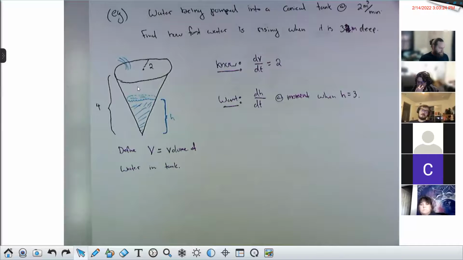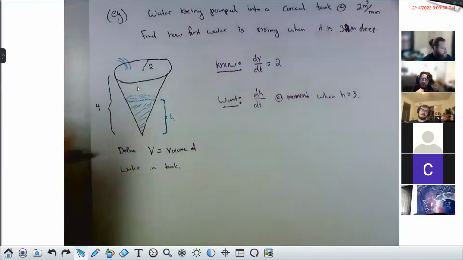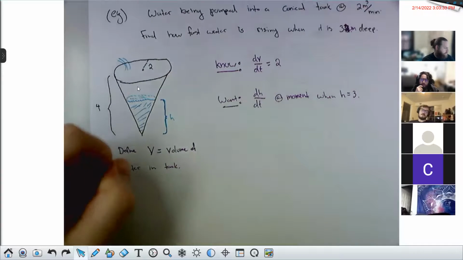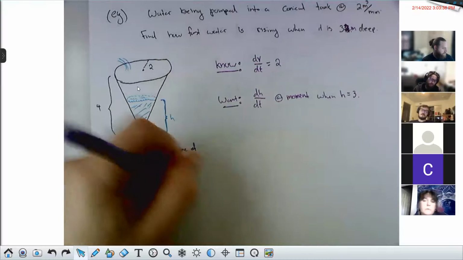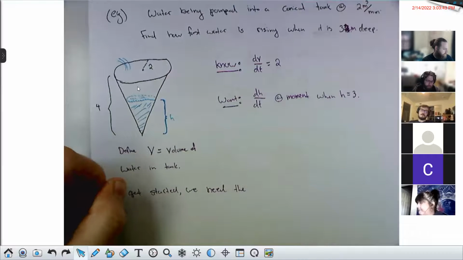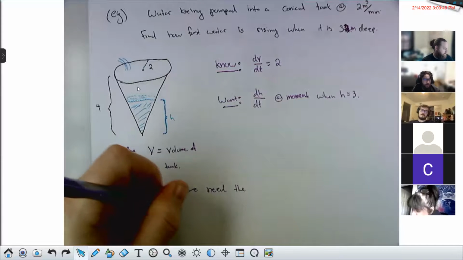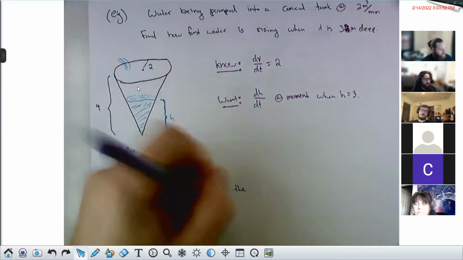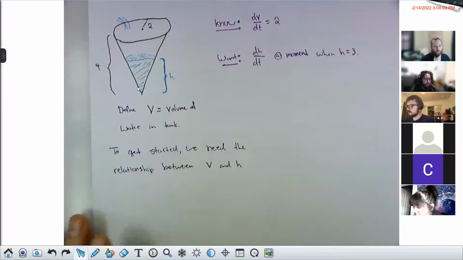And the trick to doing that, to get started, we need the relationship between V and H. They're both clearly changing over time. As I add water, the height's going to go up. Of course, as I add water, the volume is going up. But what is the concrete relationship between them?